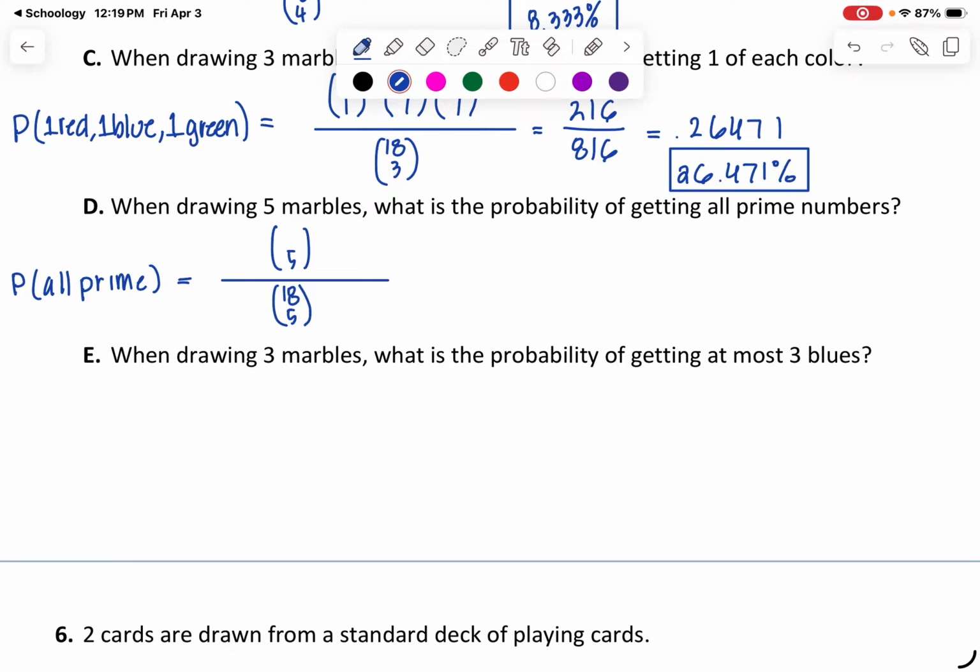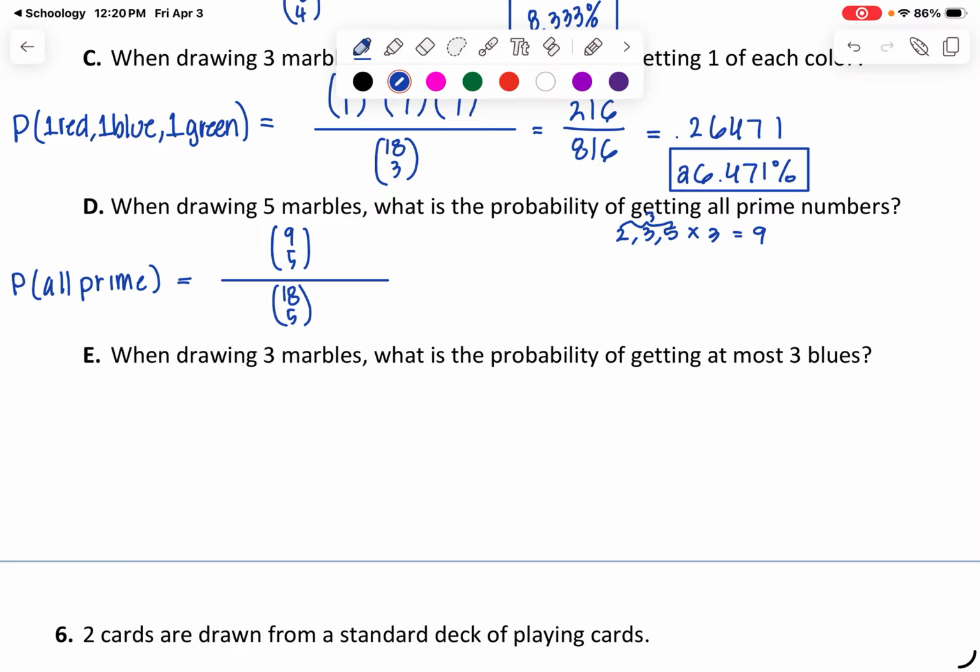So we need to know how many prime numbers are in the bag, right? So on each of the balls, there's 1, 2, 3, 4, 5, 6. So out of that, 2 is a prime number, 3 is a prime number, 4 is not, 5 is, my bad, 6 is not. So there's 3 prime numbers on each color, and then there's red, blue, green. So this is a total of 3 times 3. There's 9 prime numbers. Okay, that was some math, I'd say.